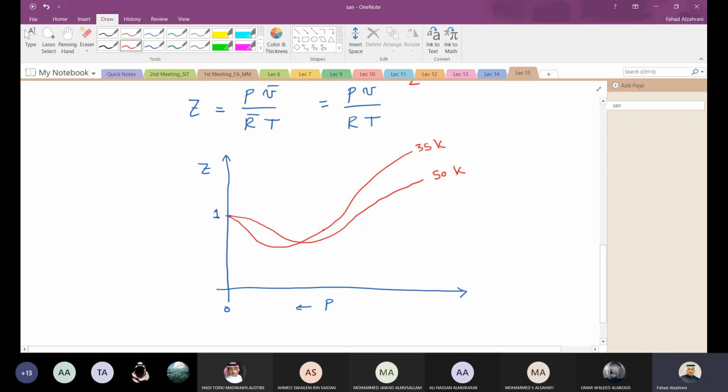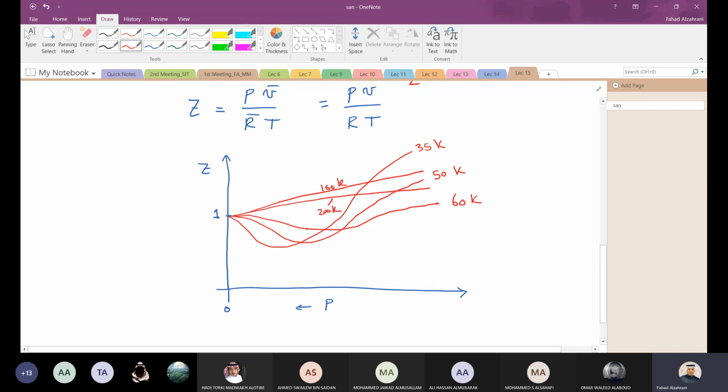This is something like maybe 60 Kelvin. Okay, you have something also like this. Let's say this is 100 Kelvin. This is maybe 200 Kelvin.